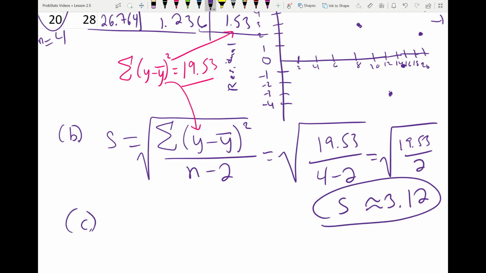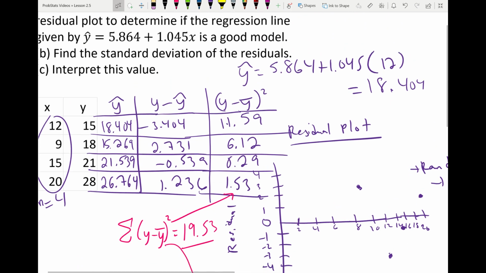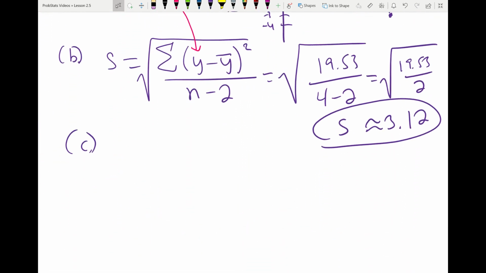All right. So then if we look at part C, we want to interpret this value. So what that's saying is that 3.12 is the typical distance from the predicted and the actual value. So the typical residual is 3.12.